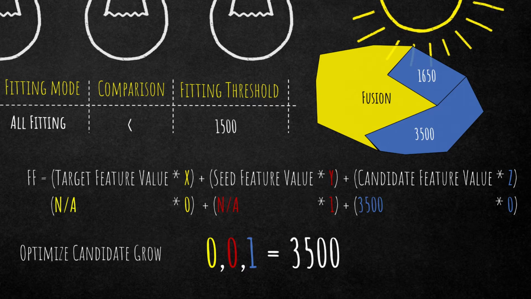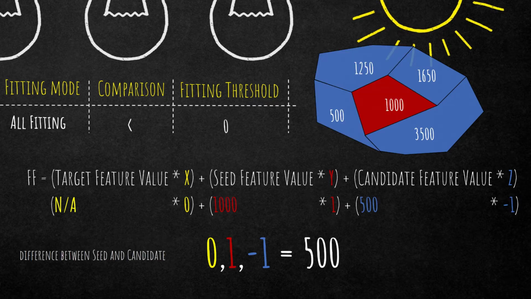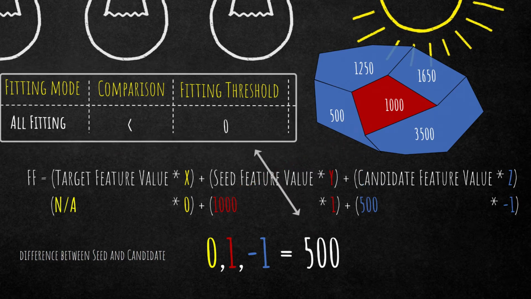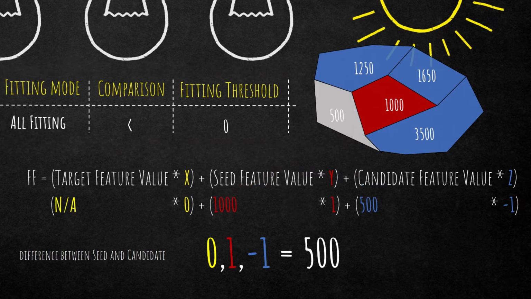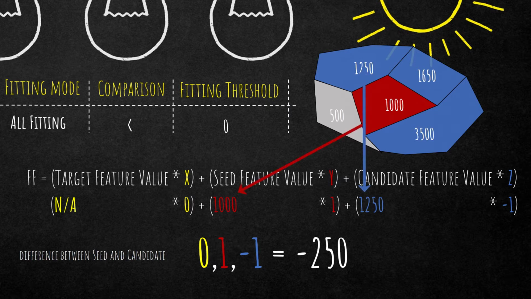Let's have a look at another one. It becomes more complicated. The difference between seed and candidate, 0, 1, -1. That uses the difference between the seed object and the candidate, and that has to fulfill the fitting function. And if it fulfills, it's going to be merged because we chose fitting mode all fitting. So not the best fitting, it's going to choose all fitting.